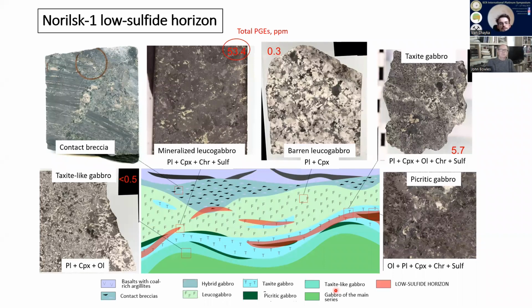These taxitic rocks are the main host of the low sulfide ores, which, however, may occasionally occur in other lithologies, including breccias and picritic gabbrodolerites. More subordinate lithologies include olivine-rich gabbros and taxite-like gabbros, which gradually transition to gabbros of the main series.